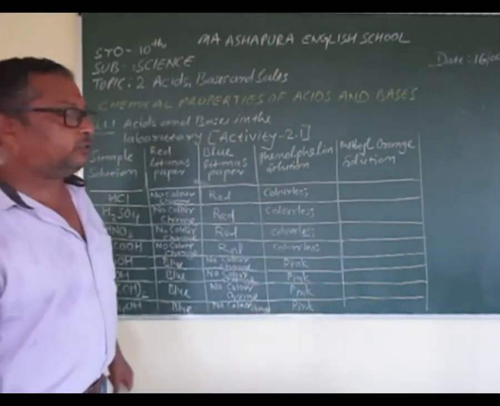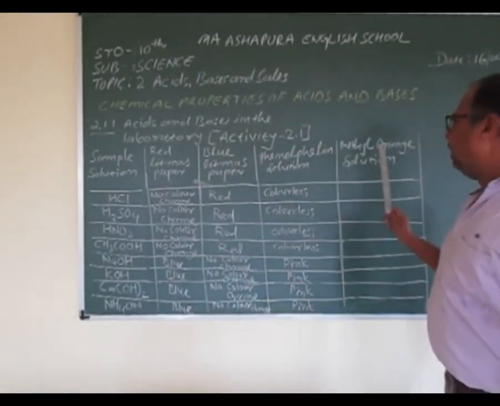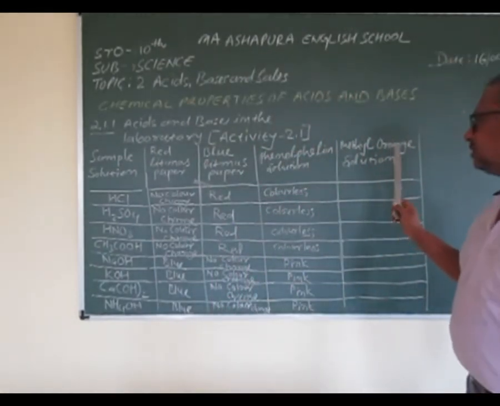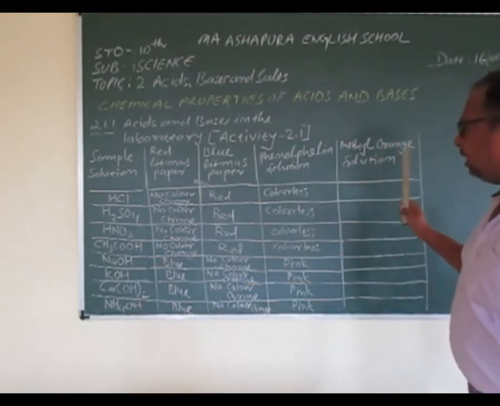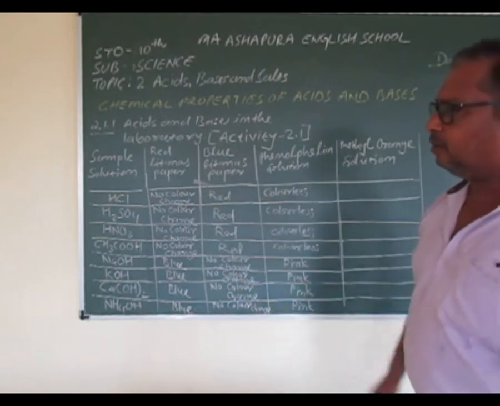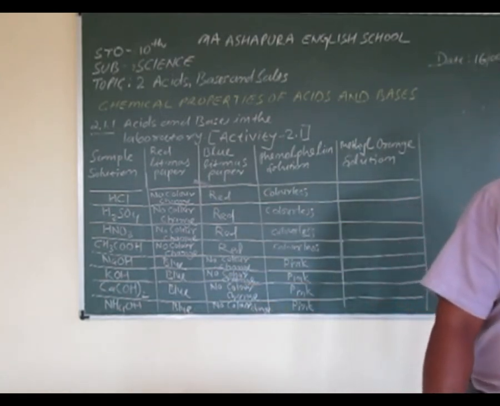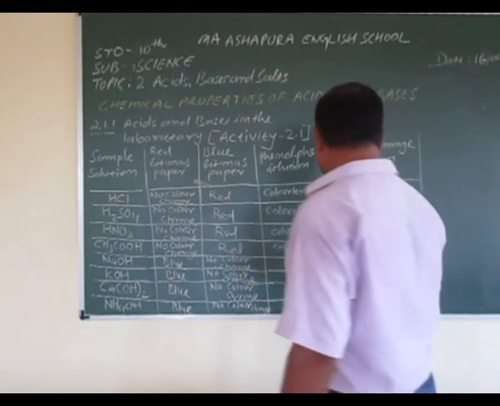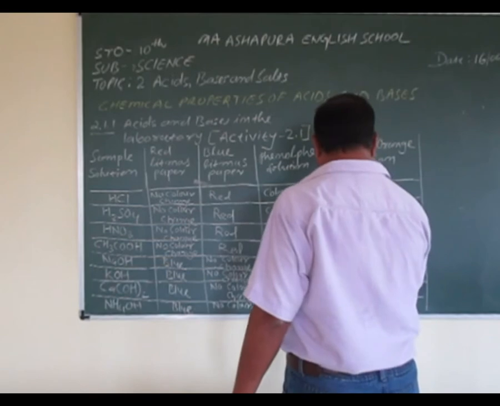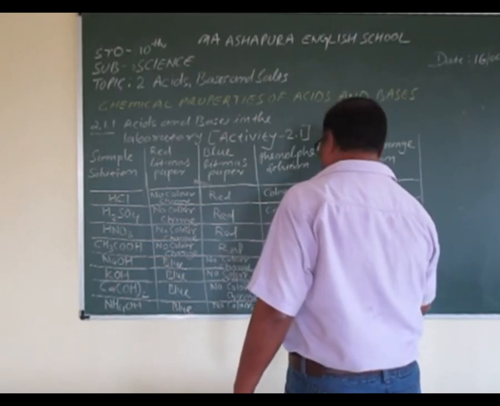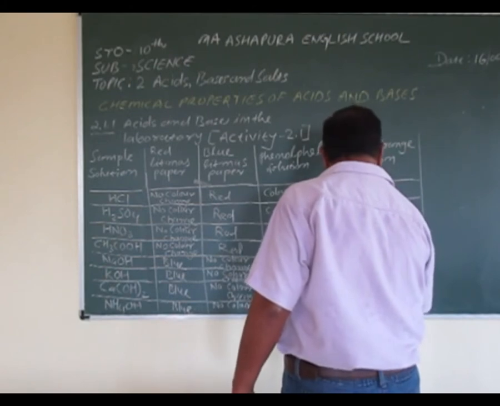Now our next indicator is methyl orange. Methyl orange is one kind of synthetic indicator. When methyl orange is added to the acid samples, we get red color, with HCl or H2SO4 or HNO3, nitric acid, or CH3COOH.